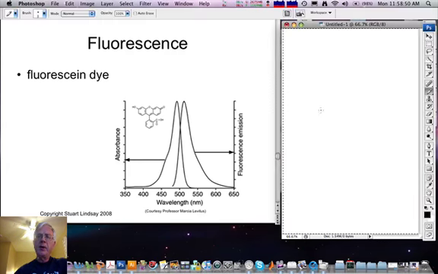Remember, I said that the absorption energy comes from transitions from all of these vibronic ground states into a manifold of vibronic excited states. And so the absorption line width represents the density of states of both the ground state and the excited state, and it peaks where those densities of states are a maximum.